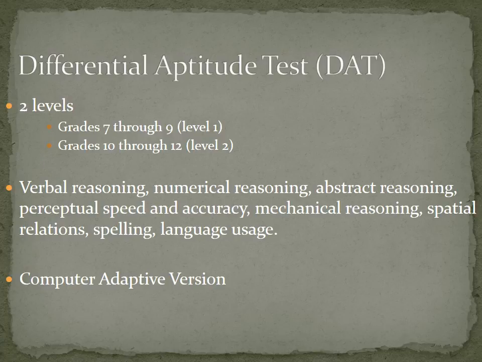It's set up in two different formats: a level 1 format, for individuals in grades 7 through 9, and then a level 2 format for individuals in grades 10 through 12. Now you'll see, looking at the second bullet point, that the content areas are fairly similar to the content areas in the instrument we discussed on the previous slide.